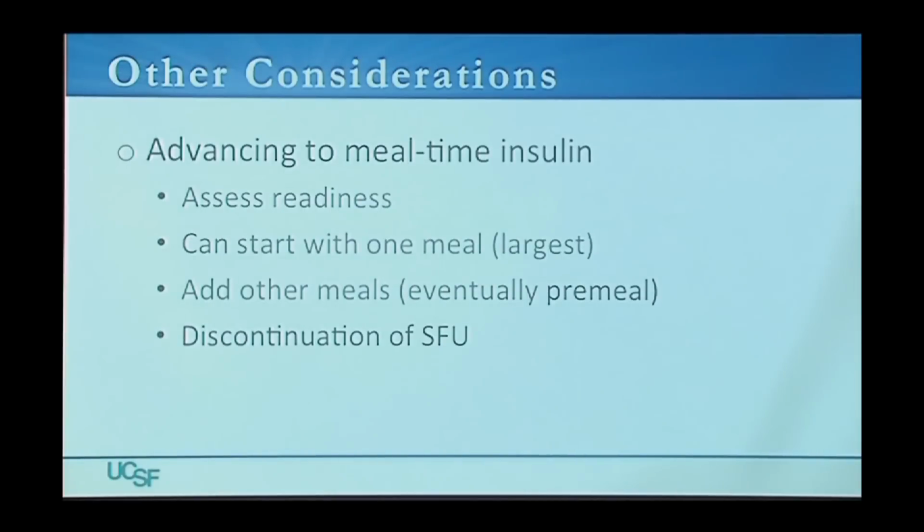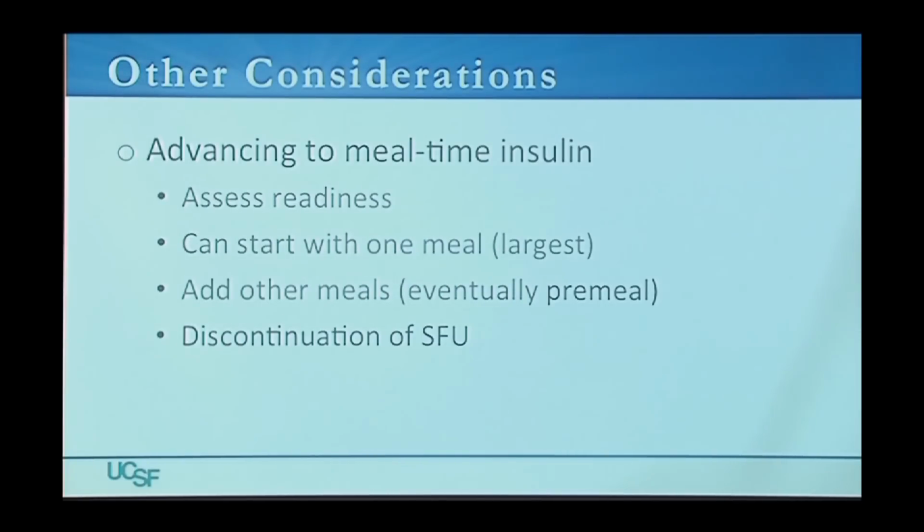So I talked a little bit about the next step of after being on one shot of a long-acting insulin, we then might move on to using insulin before the meal. So we would be using a rapid or quick-acting insulin at that point. And generally here, for your non-insulin medicines, we would actually stop the sulfonylurea.